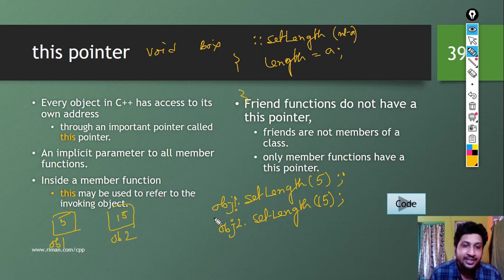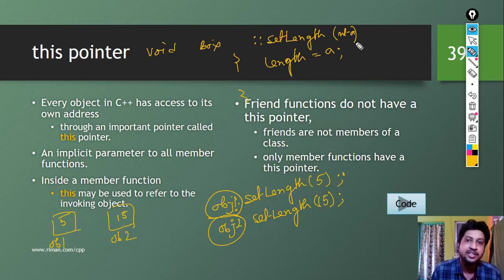So what is happening is that the object using which we call this function is implicitly available in the function definition. That means whichever object we use for calling a particular function, that object is itself available inside this code, and only that object's member variables or data members are used for manipulation.